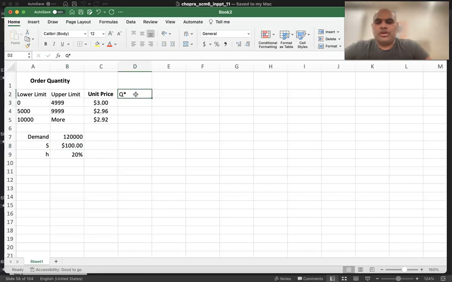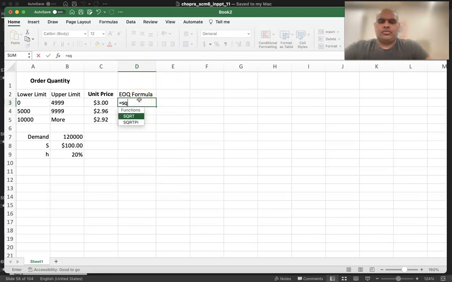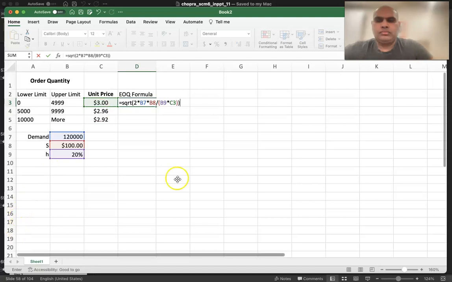I'm not going to say Q star, I'm just going to call it the EOQ formula, right? So let's calculate everything using the EOQ formula, which is square root of 2 times D times S divided by H times C. That is going to give us something.